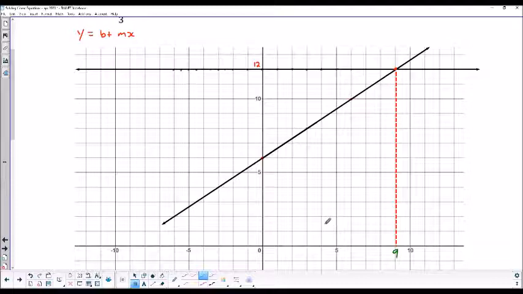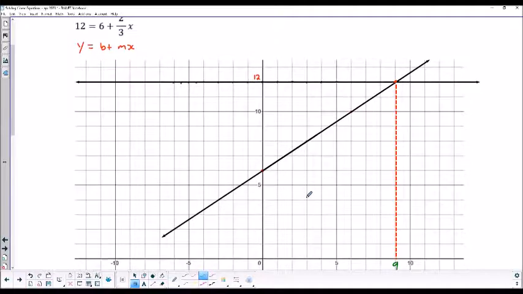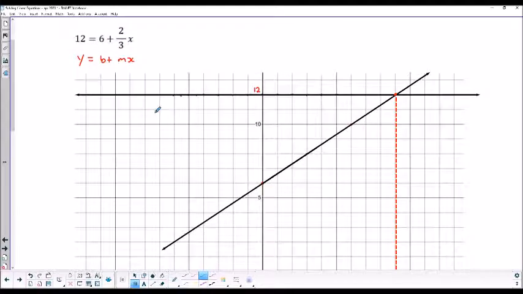So if I were to substitute x equals 9 into this equation, algebraically, I could calculate that the right side would end up being 12. I'll just do that very quickly here. If I look at the right side, 6 plus 2 over 3, we know the x value here is 9. This is the ordered pair 9, 12.